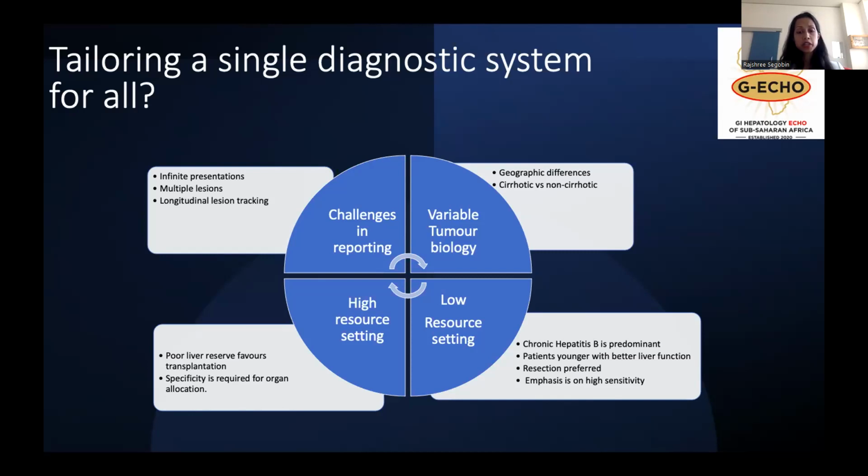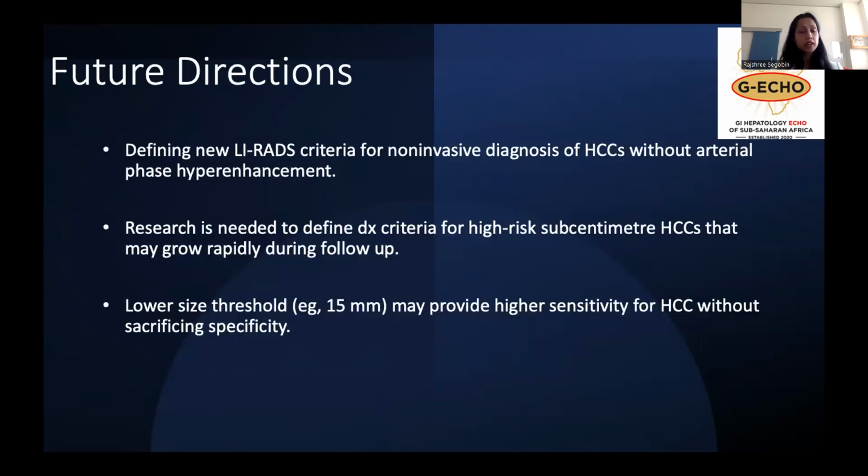So you can already see that the requirements from LIRADS differ according to the settings. The future directions for LIRADS would be to define new criteria to enable us to better diagnose HCCs which have no arterial phase hyperenhancement.